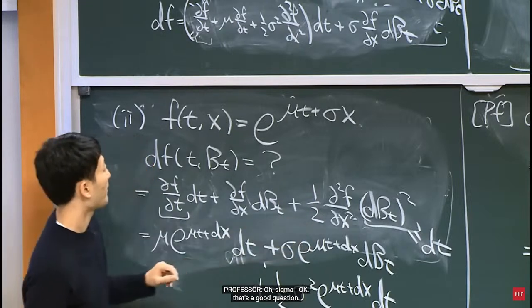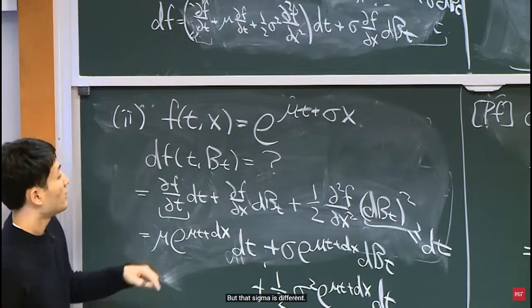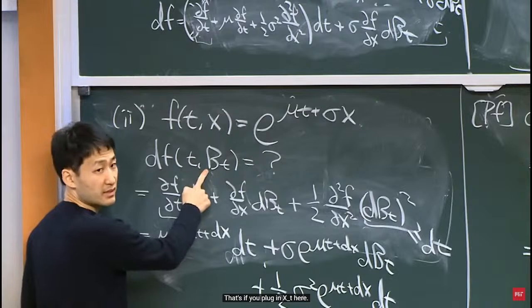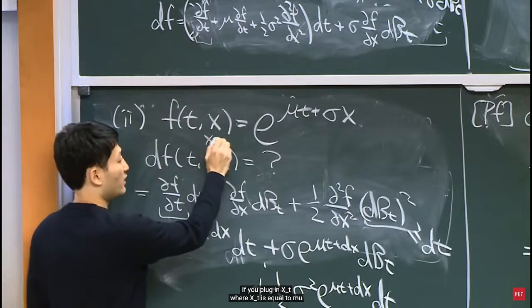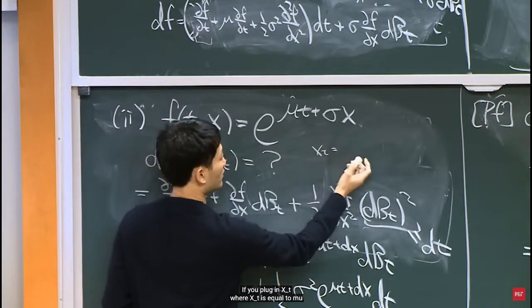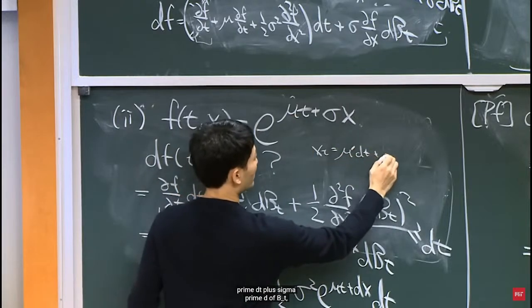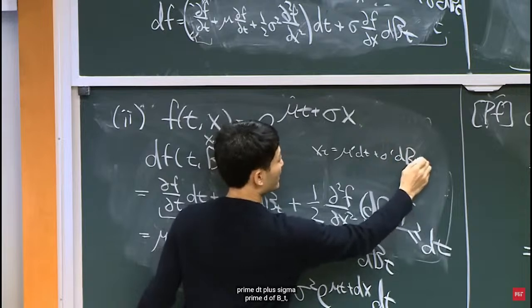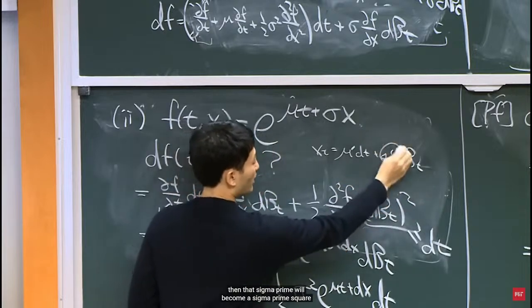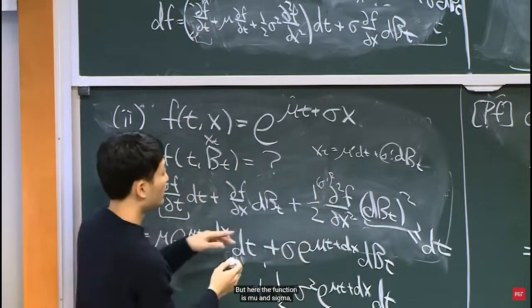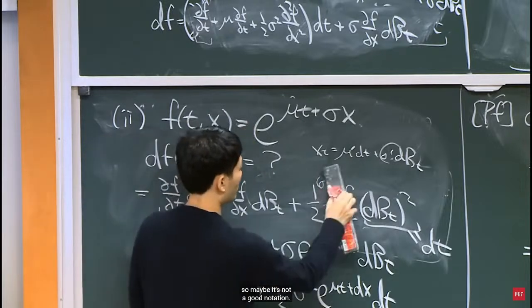Oh, sigma. Okay, that's a good question. But that sigma is different. That's if you plug in X_t here. If you plug in an X_t, where X_t is equal to mu prime dt plus sigma prime dB_t, then that sigma prime will become a sigma prime squared here. But here the function is mu and sigma, so maybe it's not a good notation.